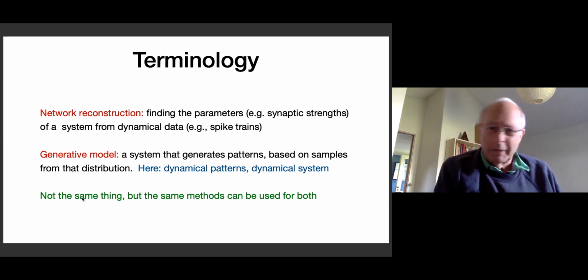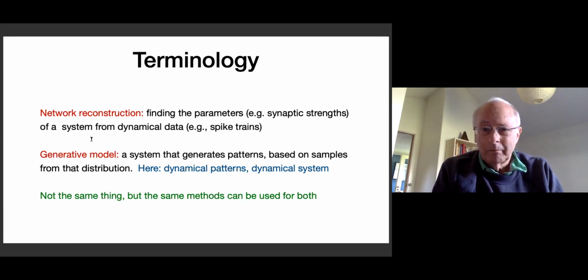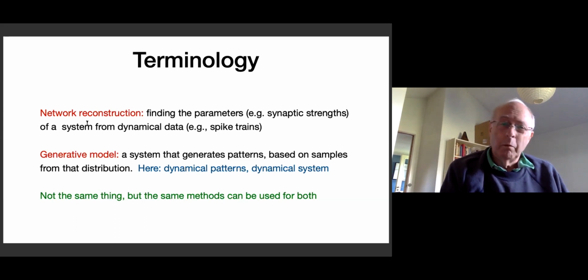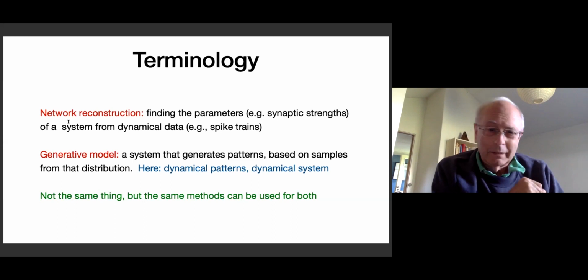You're given a system that generates some patterns, and you want to make your own system that generates patterns that are statistically indistinguishable from them. Okay, so that's a generative model. And as I implied a minute ago, these are not the same thing, but you can use the same methods for both of them.